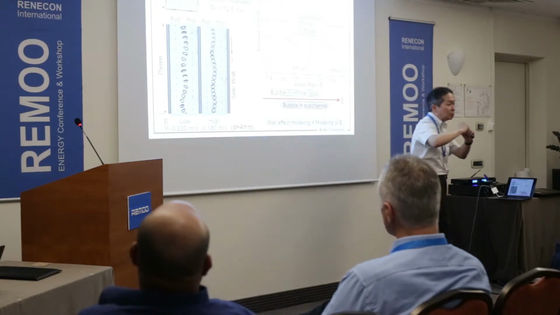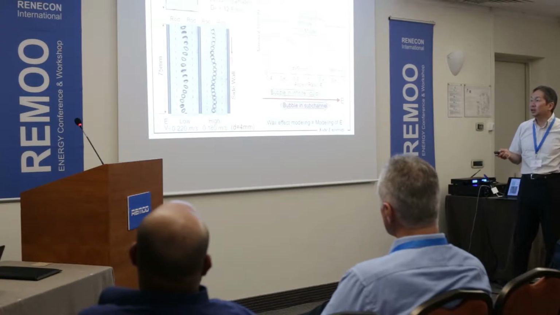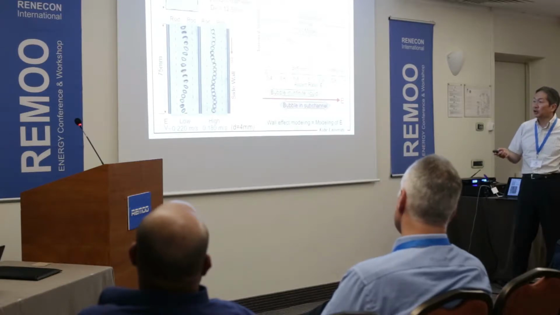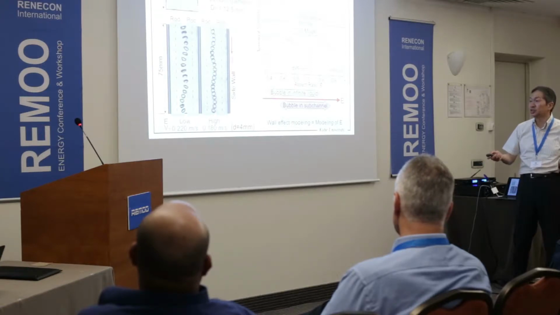So we can measure the aspect ratio very accurately. And again, even in this case, it's the same diameter bubble, a 4 millimeter air bubble, you see that if the aspect ratio is high, the rise velocity is low, and if it's highly deformed, the rise velocity is high.